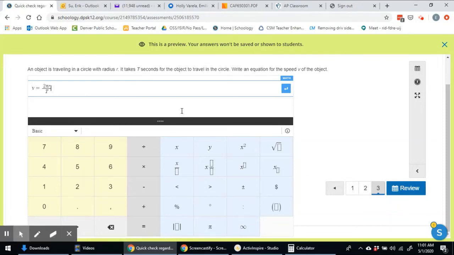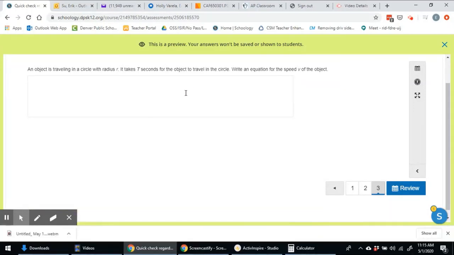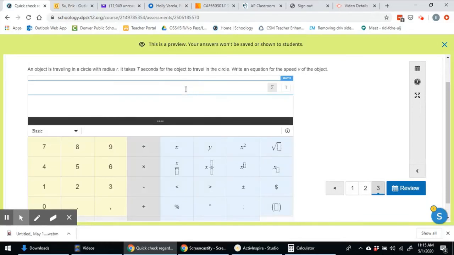So what I want you to be able to do is know how to type in equations using this equation editor, because I'm going to expect you to do this on the test. With this equation editor, you can type in any equation that I might ask you to do. So I'm just going to make up some random equations. Say t squared is equal to v cubed.